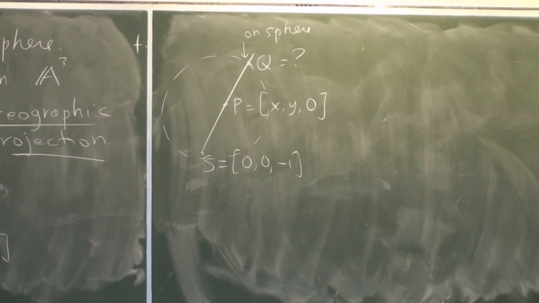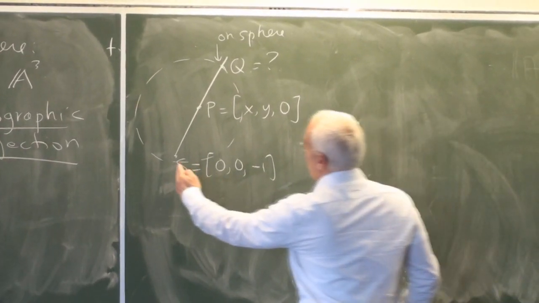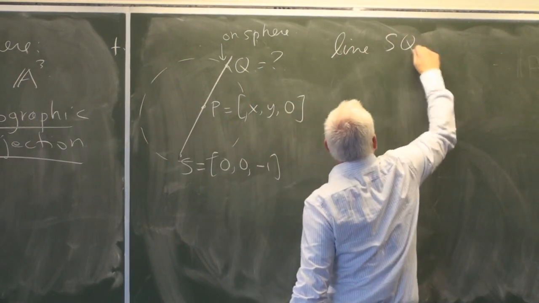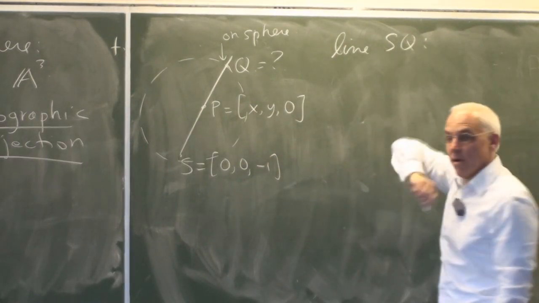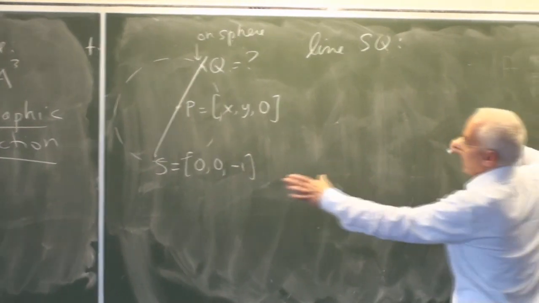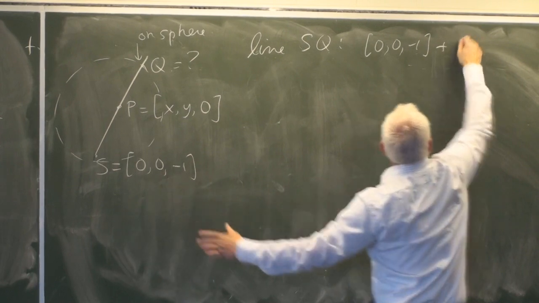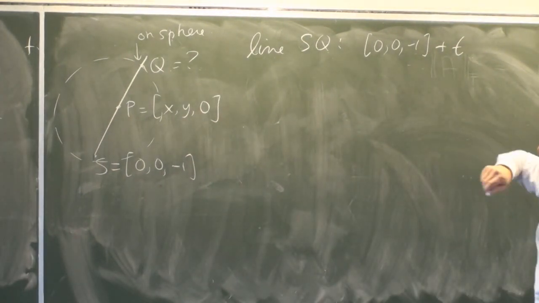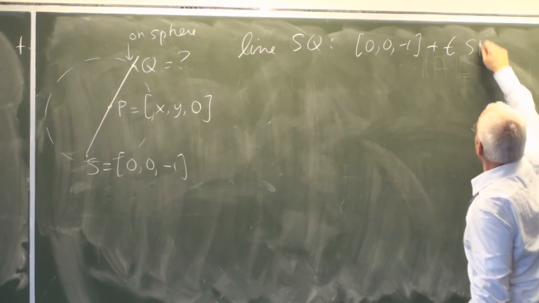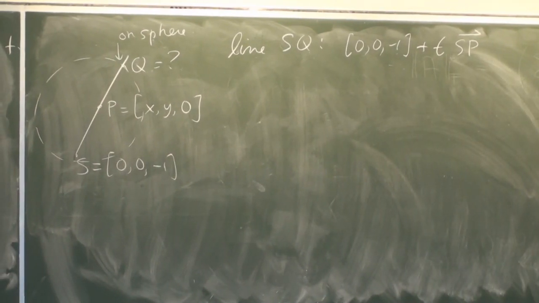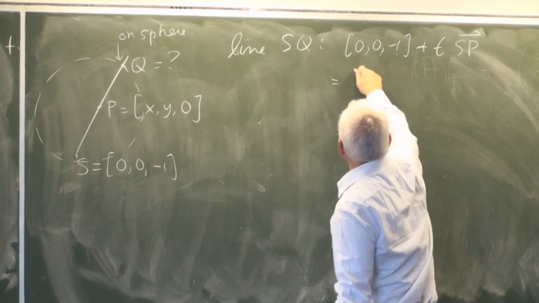So what I propose to do is describe this line. The line SQ is described in vector form by saying we are starting at the point 0, 0, minus 1, and we're going any multiple t of the vector SP. What's the vector SP?